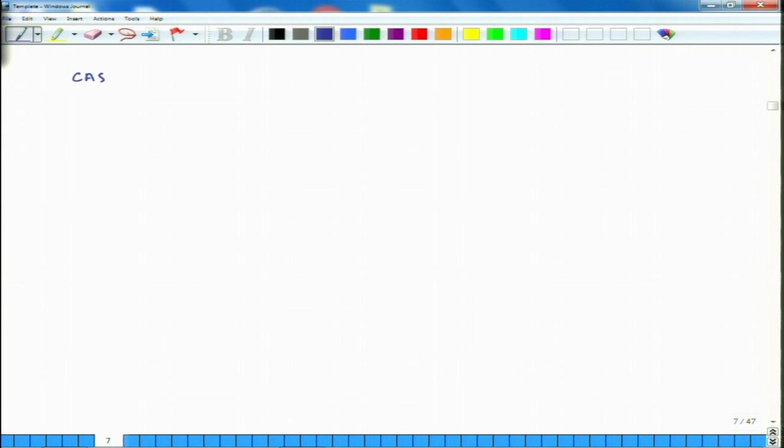So, case A. What is case A? It is a fixed pinned and roller pinned situation.